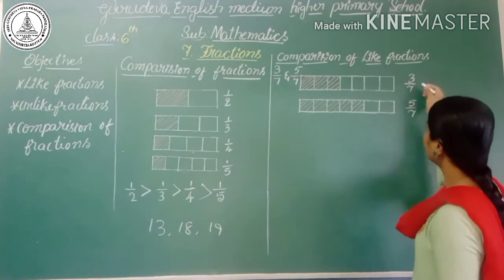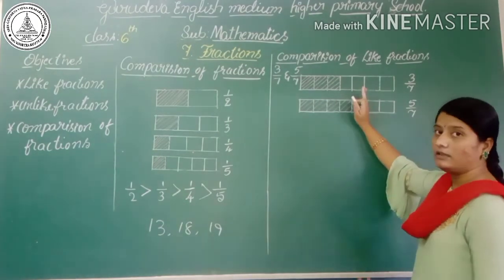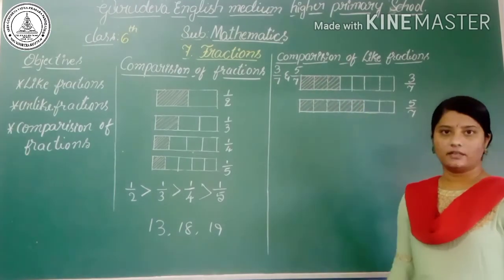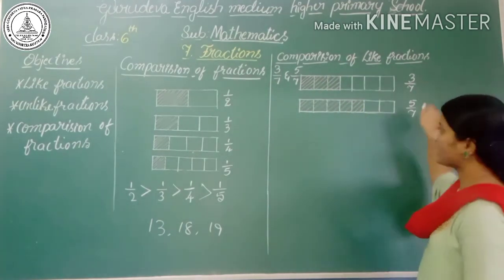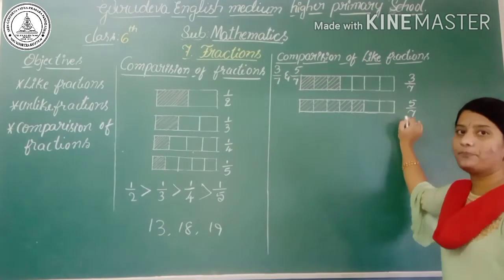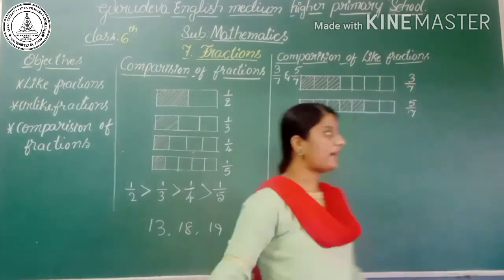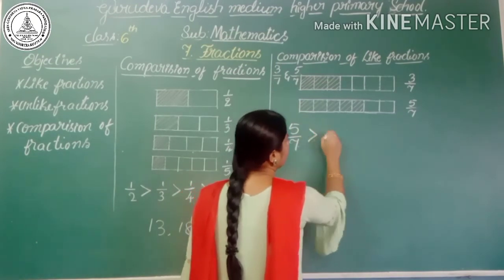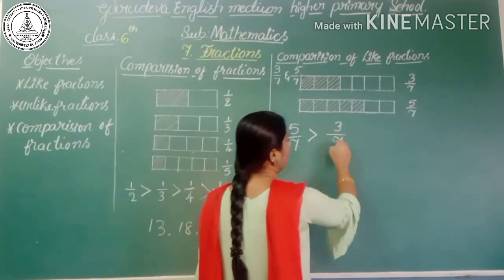You can see here the larger portion is shaded, and here the smaller portion is shaded. So in these two fractions, 5 by 7 is greater than 3 by 7.